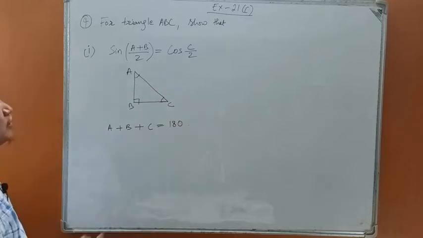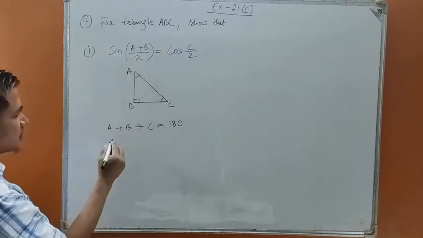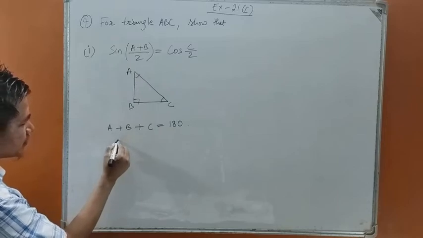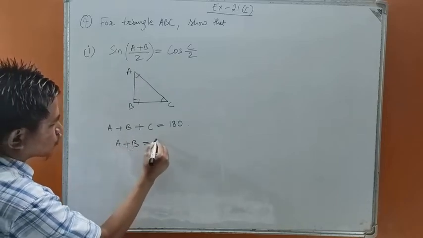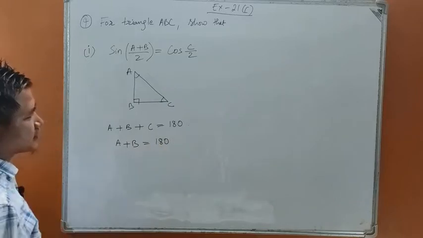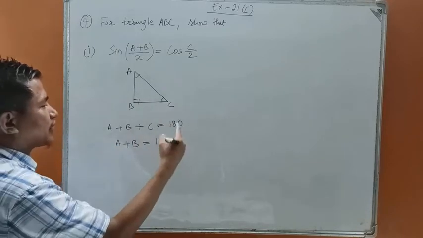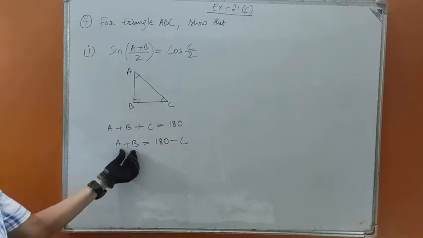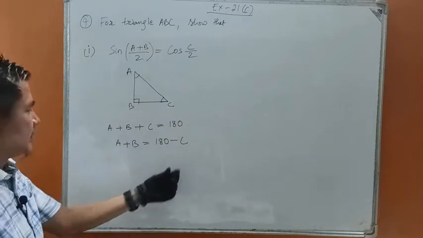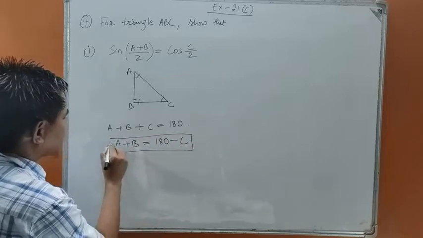We know this very well. So we need A plus B, isn't it? So let us keep this A plus B in the left hand side. A plus B equals, this 180 is already in the right hand side, so let us take this plus C to the right hand side. It becomes minus C, isn't it? So we know that A plus B equals 180 minus C. We are going to use this equation.